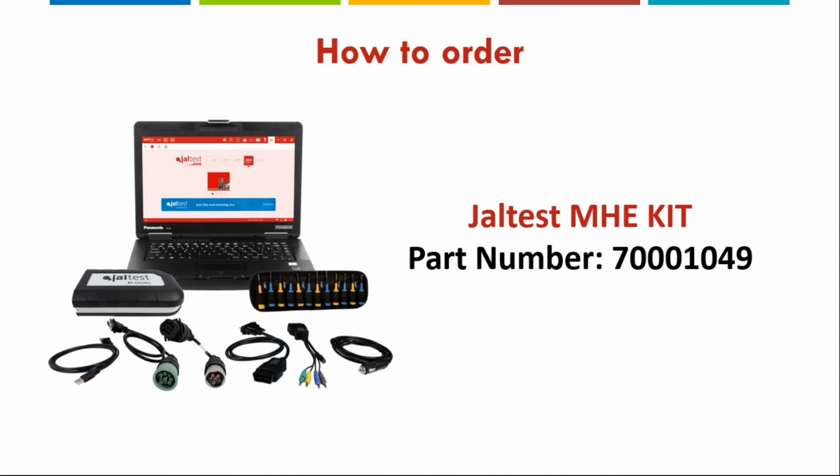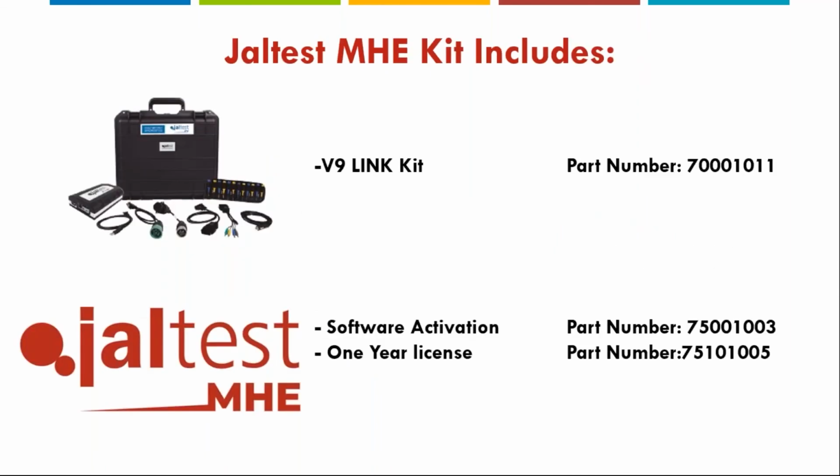How to order this? We have created a Jaltest MHE kit with the part number 701049 that will include our B9 link kit, which contains our USB link, also our hard case, 9-pin connector, 6-pin connector, OBD connector, and multi-pin connector.